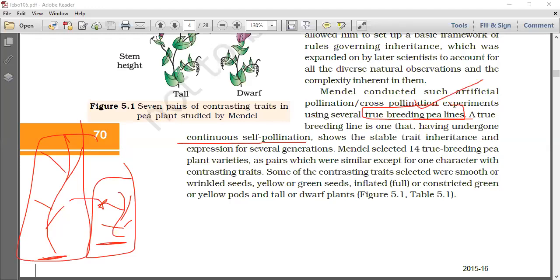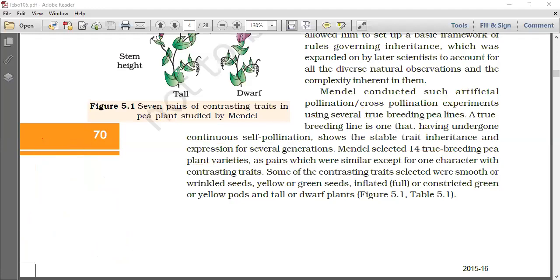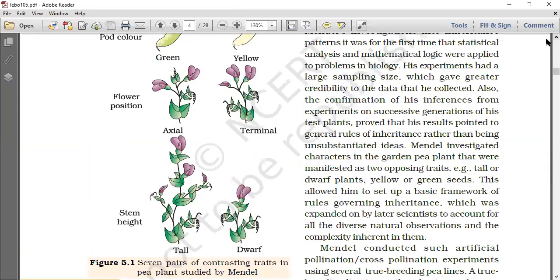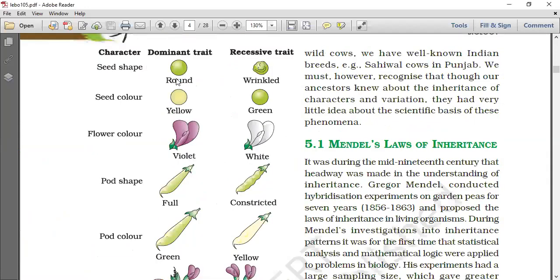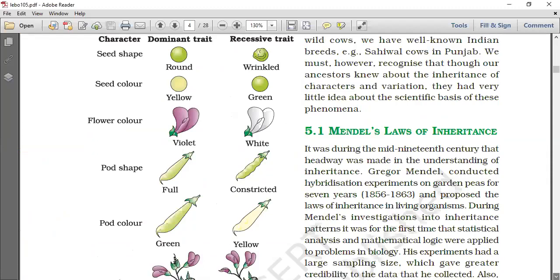So Mendel selected 14 true breeding pea plant varieties. You can see the 14 on display now. That means varieties like round, wrinkled, yellow, green: 7 characters and 14 allelic forms. Each character has 2 contrasting traits.